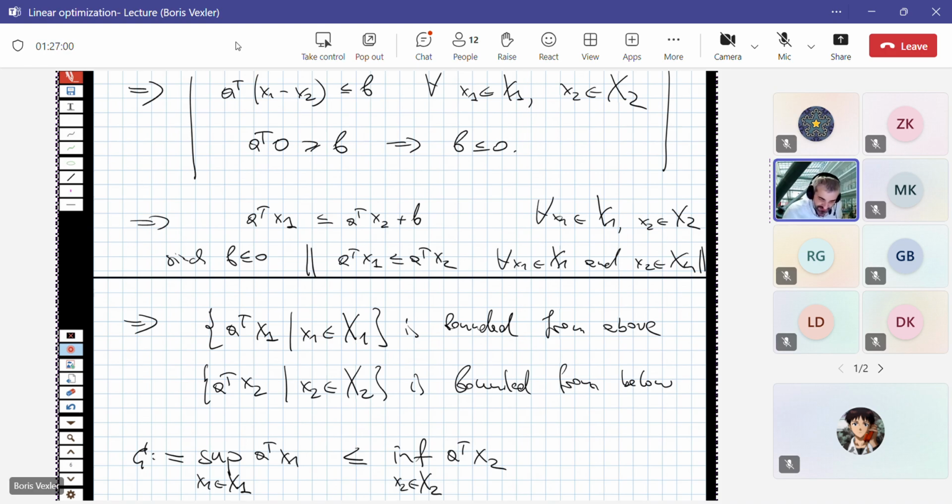You get some constant, a transpose times this x2 bar or something like that. And then you see that a transpose x1 is less or equal than this constant. And therefore this set, which is a subset of R, these are just numbers, a transpose times x1 is a number, is bounded from above. And for the same logic, this set is bounded from below. Does it clarify? Thank you.